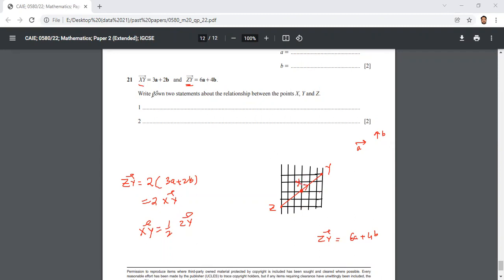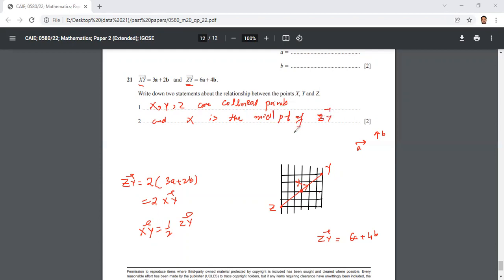So if you want to write two statements about the relationship between the points x, y, and z, you can say that x is the midpoint of z and y, and all points lie on the same line, which means they are all collinear. So x, y, z are collinear points, and x is the midpoint of z, y.